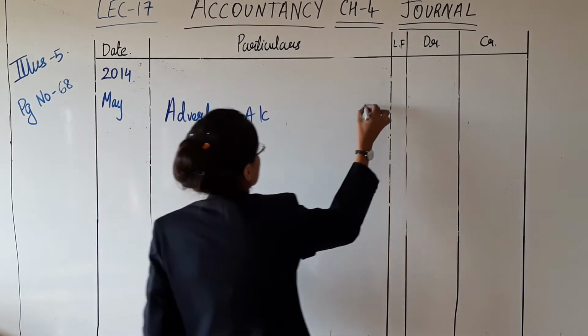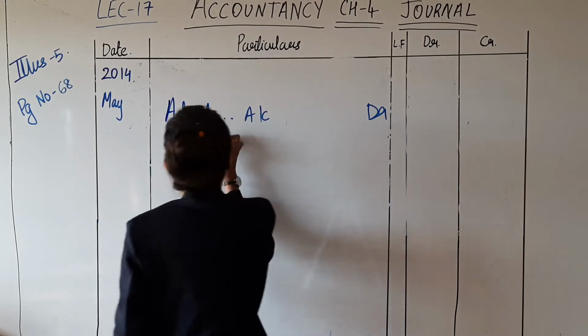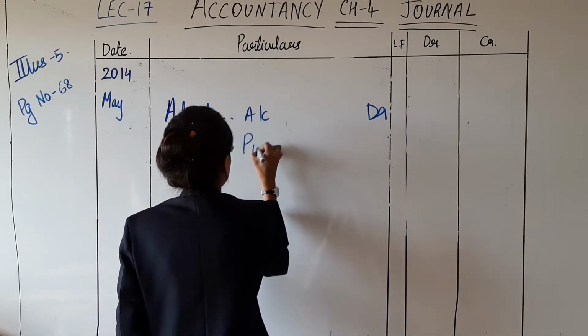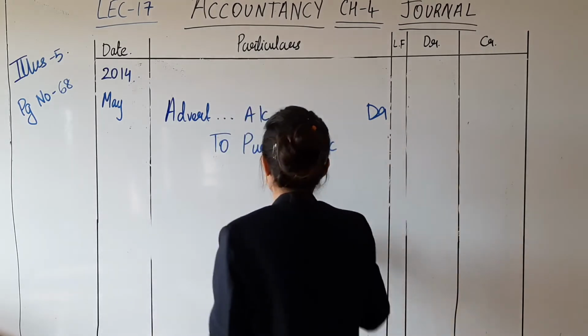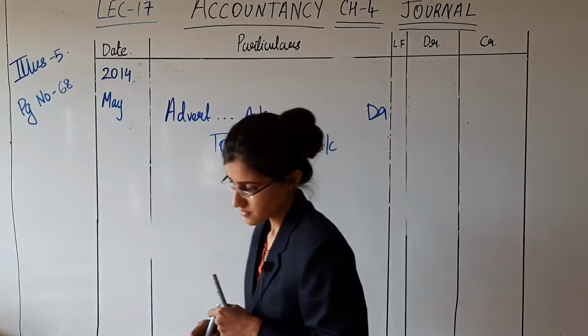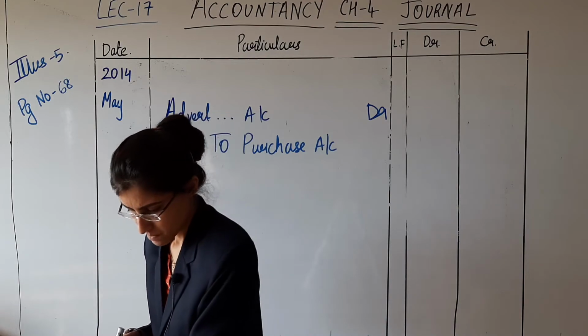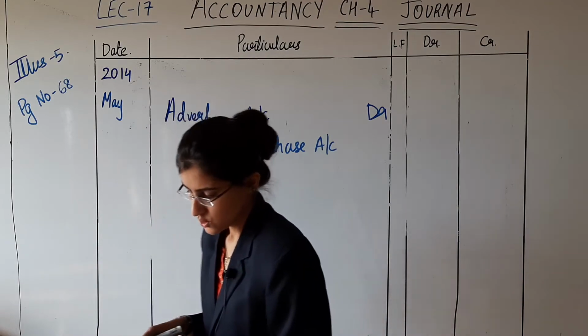Hence it is to be debited. What you have given is goods. So goods are going out. You are not selling them. You are giving it as a sample. How many? 200.